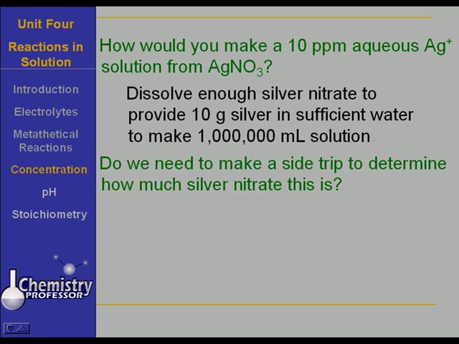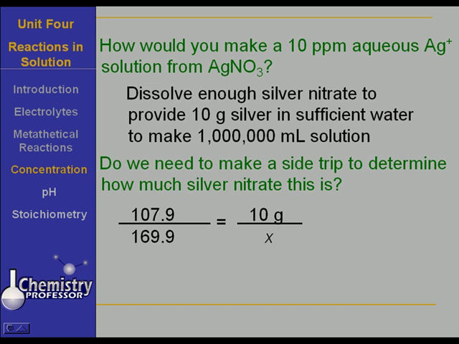So we need to make a side trip, perhaps, to determine how much silver nitrate that is. Well, we have 107.9 as the atomic weight of silver over 169.9, which is the molecular weight of silver nitrate, is to 10 grams of silver over X. In other words, a ratio and proportion.